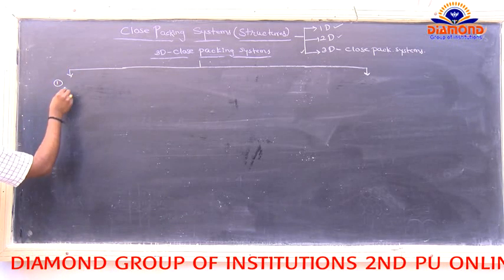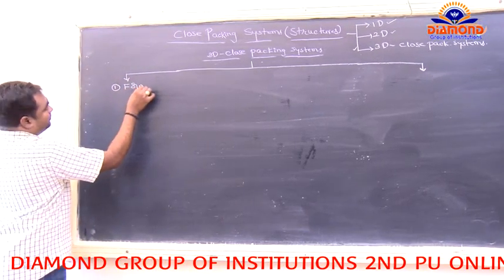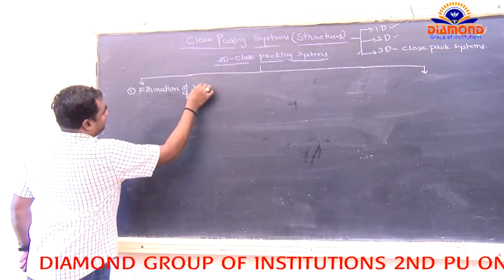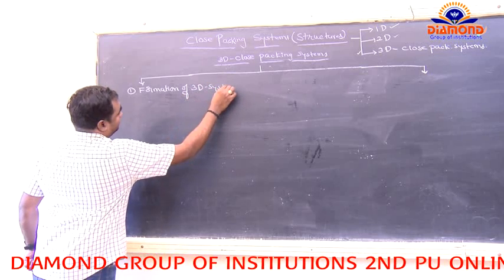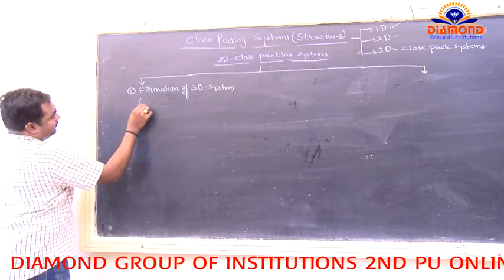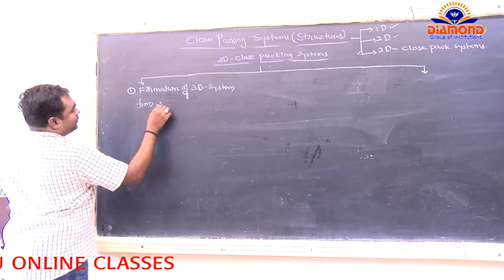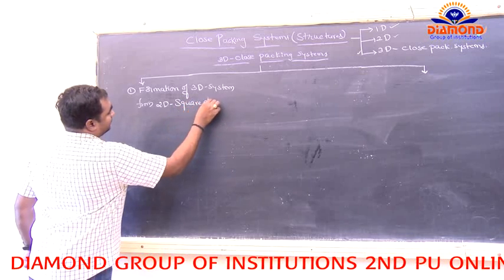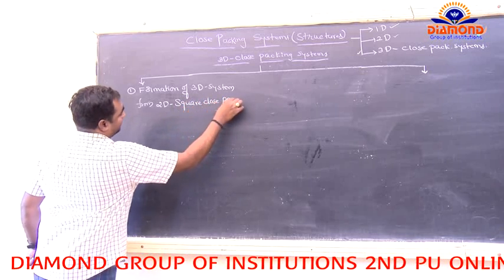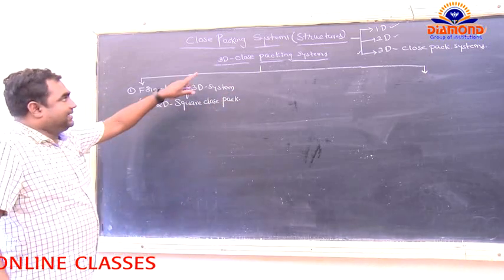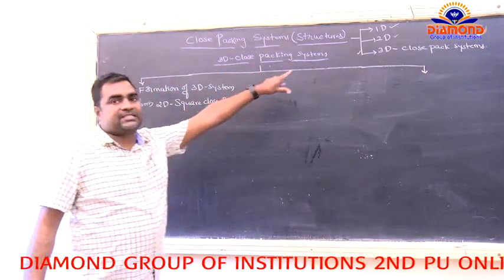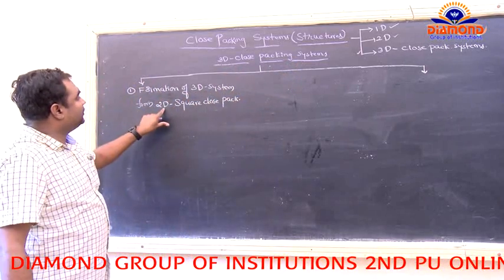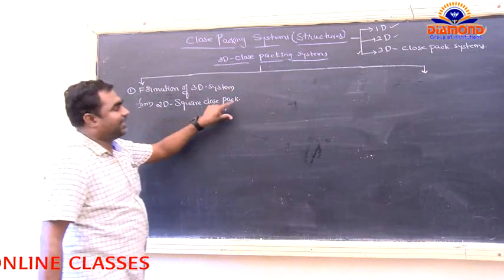The 3D close pack systems are classified into two types. The first one is formation of a 3D system from 2D square close pack.